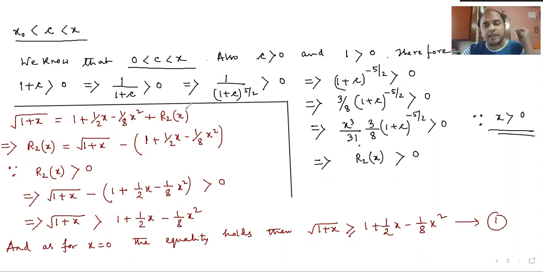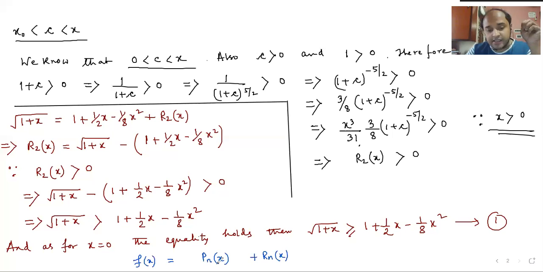And remember, in Taylor's theorem, we wrote f(x) in terms of f(x naught), f dash x naught, and so on. And a big expression came. And lastly, we wrote Rn(x). The first expression before Rn(x), you can call it Pn(x).